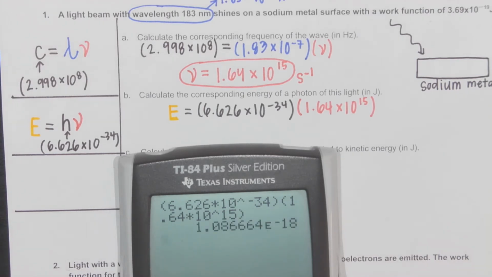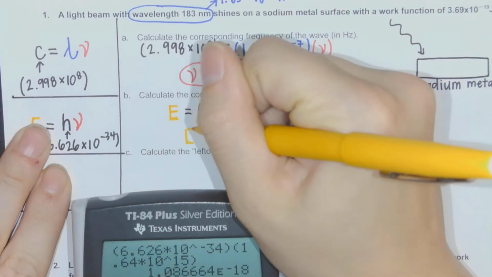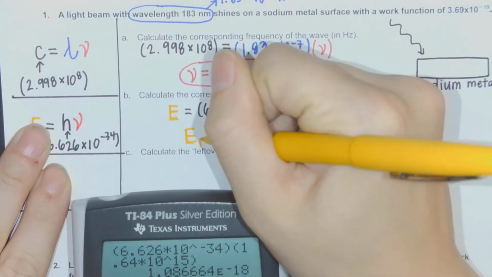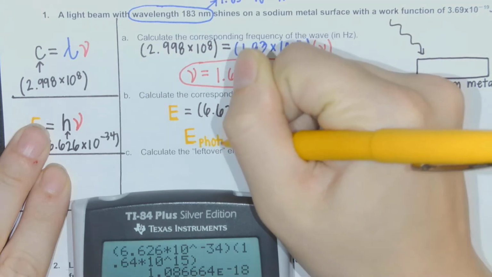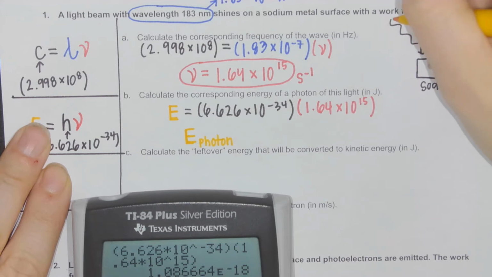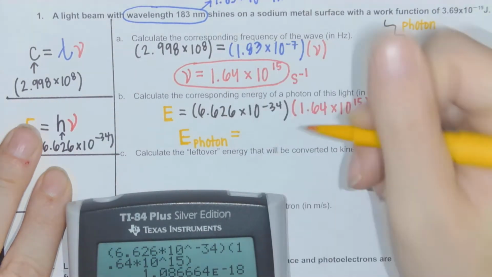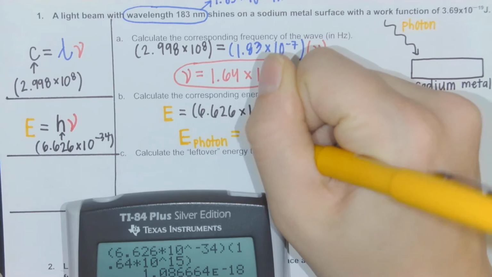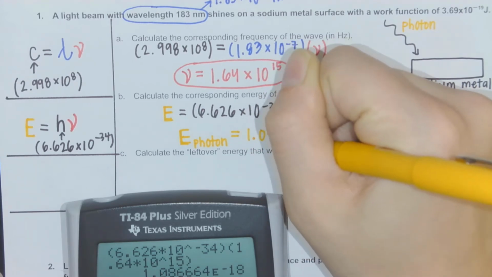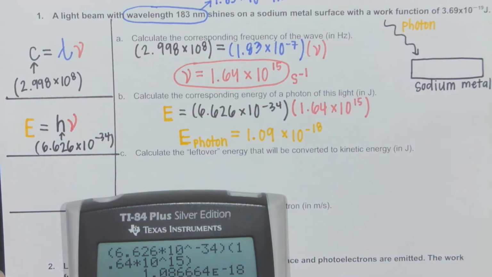And I'm getting for my energy, I'm going to label this, this is the energy of the light photon coming in, equals 1.09 times 10 to the negative 18.